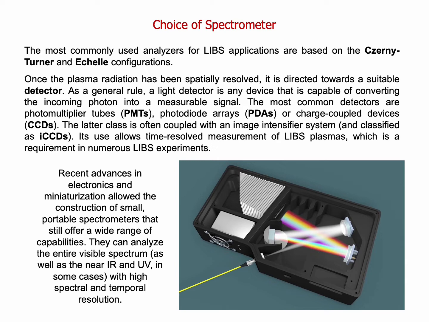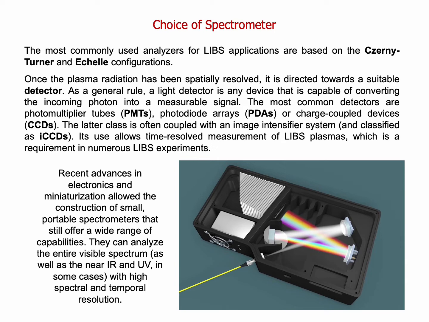This latter class, commonly found as an image sensor for digital cameras, is widely used in LIBS applications, often coupled with an image intensifier system and classified as ICCDs. In fact, the use of ICCDs allows time-resolved measurements of LIBS plasmas, which is a requirement in numerous LIBS experiments.